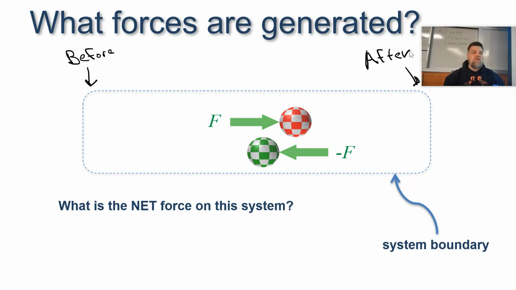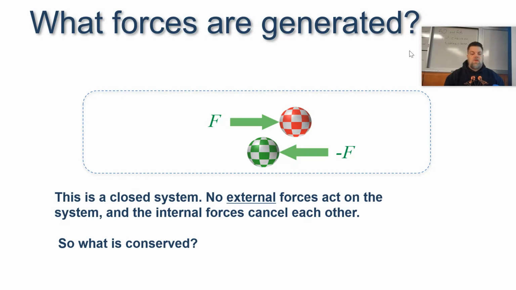And you'll see in a second when we do our examples today why that matters. So write this down. In a closed system, no external forces act on the system, and the internal forces cancel each other out. So what's conserved?